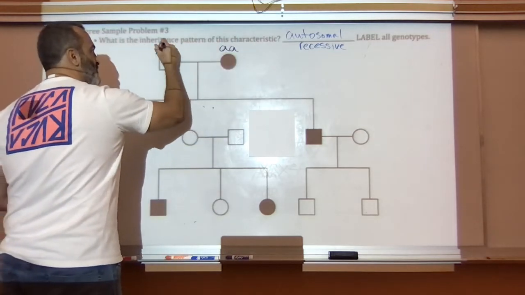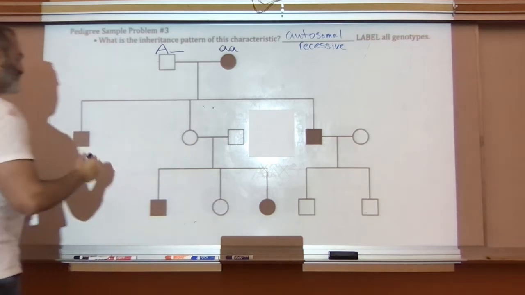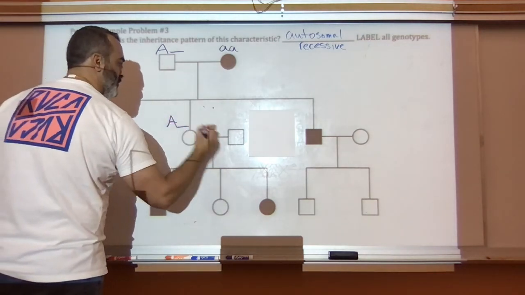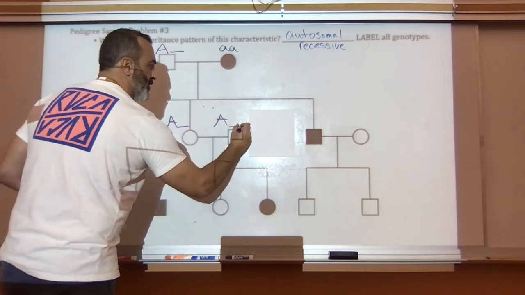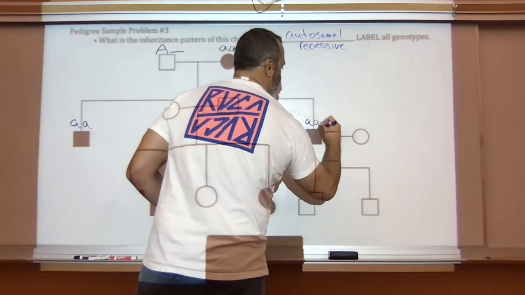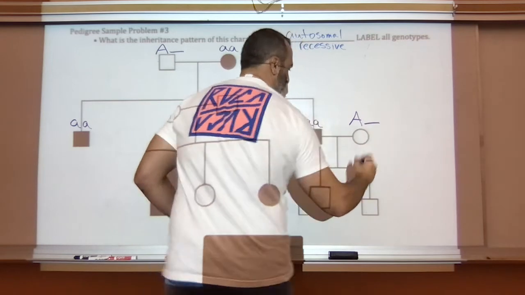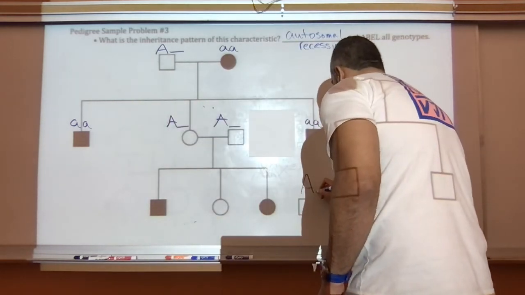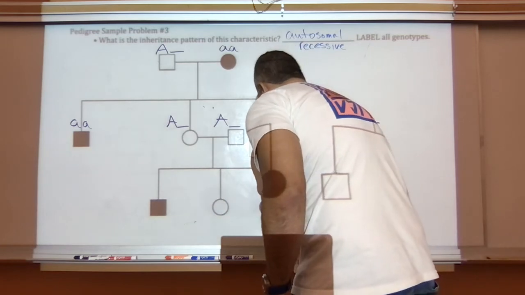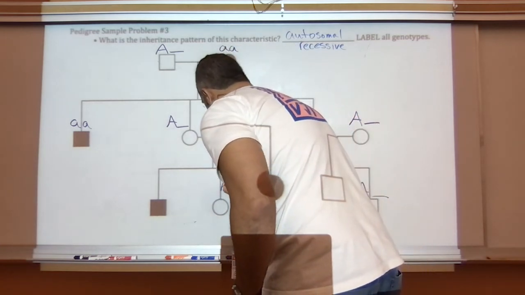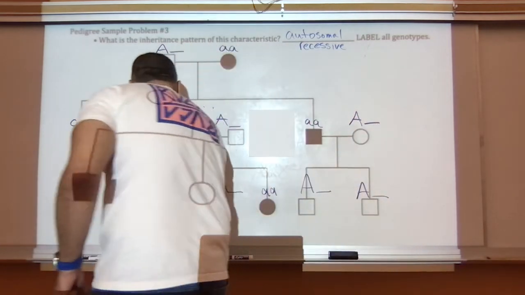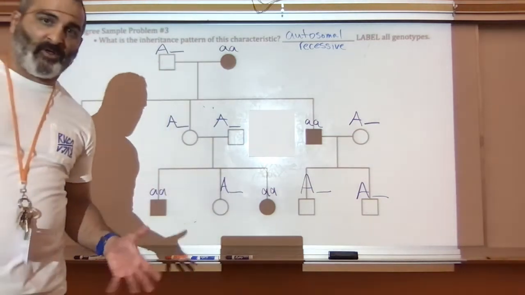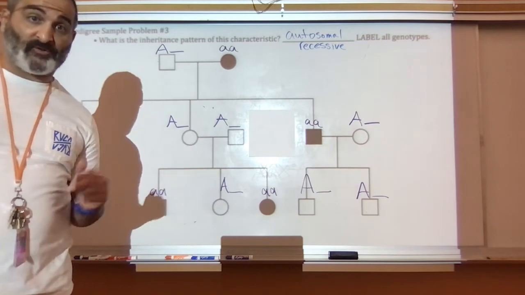These are the labels that we are transferring over. Okay, then once you've labeled it, I've labeled everything number 2, autosomal recessive.